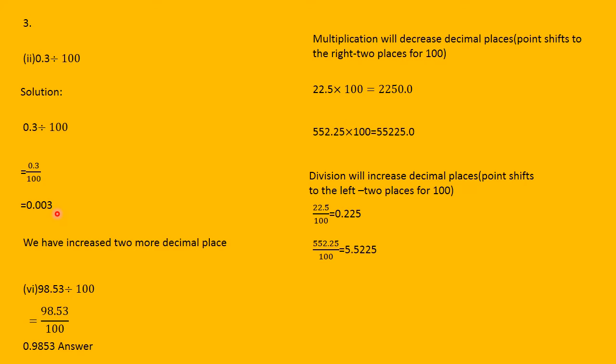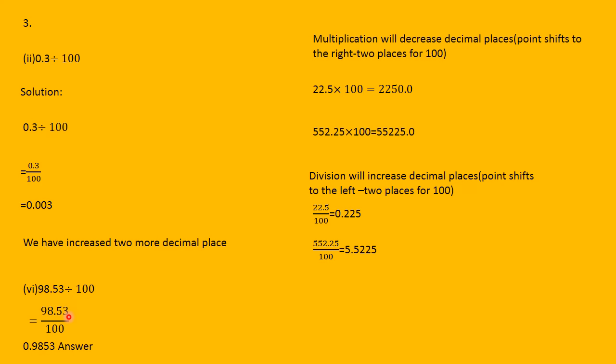0.003. Okay. Similarly, here also you see 98.53 divided by 100. 98.53, how many decimal places are already there? 2 decimal places are already there. Divided by 100, it means that you have to increase 2 more decimal places. So how will you increase?